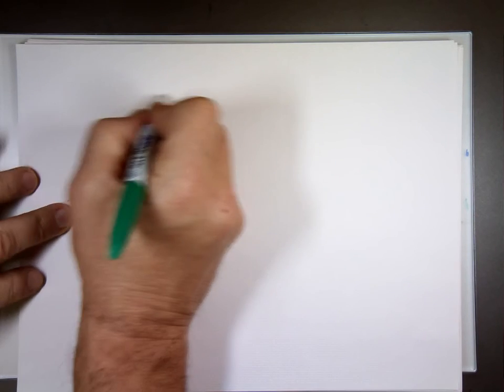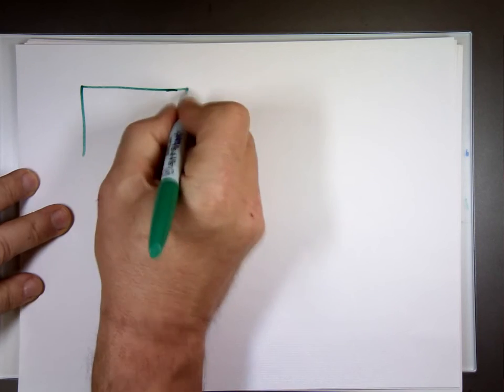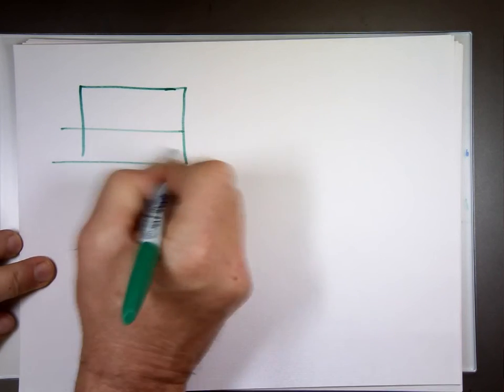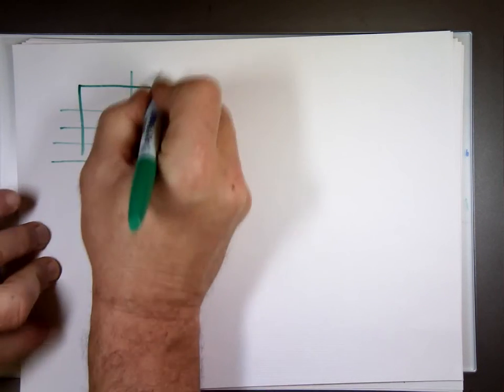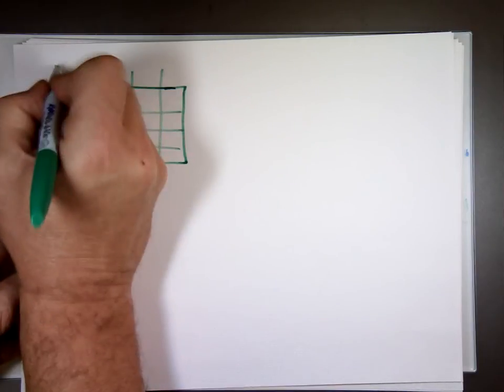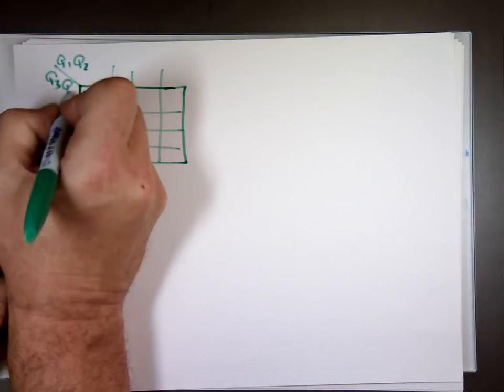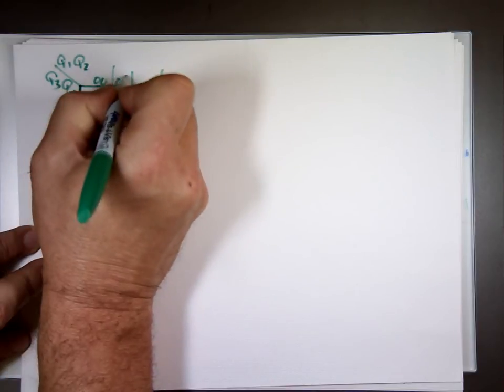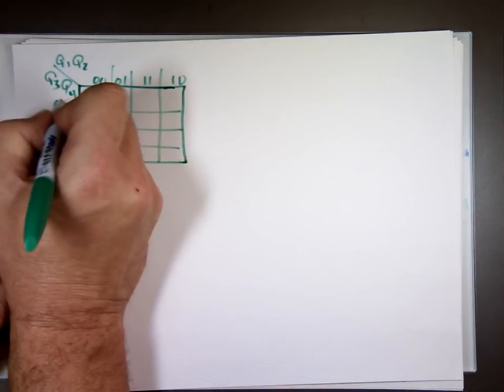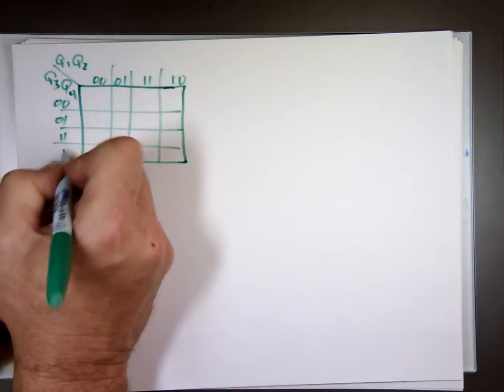Let's do 4 more K-maps. Q1, Q2, Q3, Q4. This is S3.